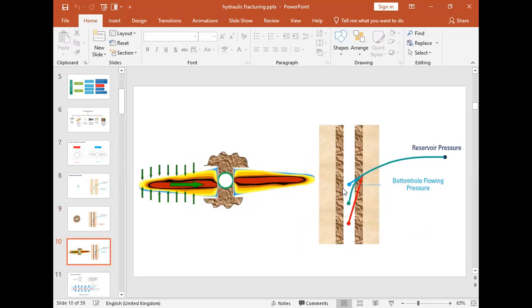So after you have created this highly conductive flow path, the pressure regime is not going back to the original position, but it is going back at a higher position to show that there is less pressure drop within this zone. This less pressure drop is as a result of the area becoming more conductive than its natural state. So the area is not going back to its natural state, but it becomes more conductive than its natural state.